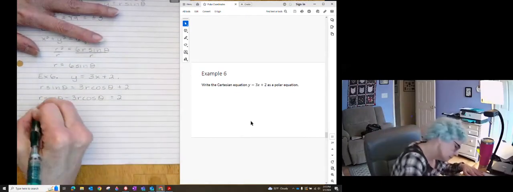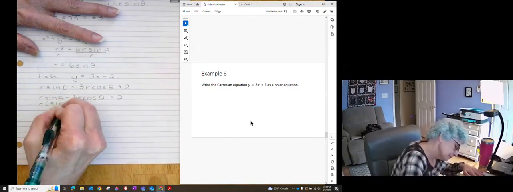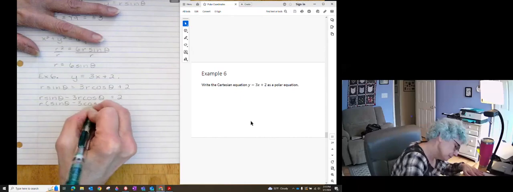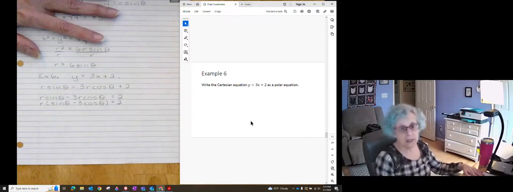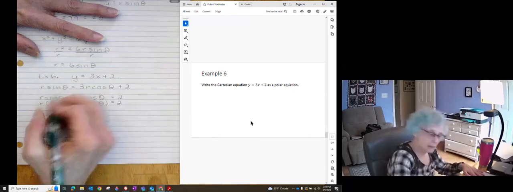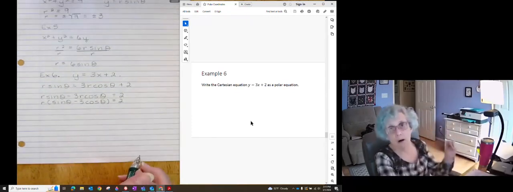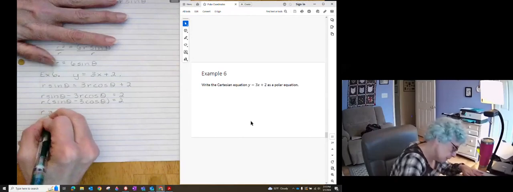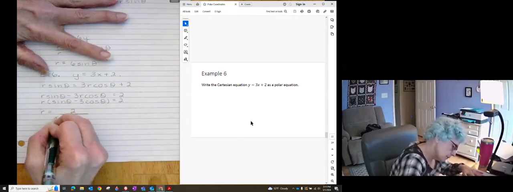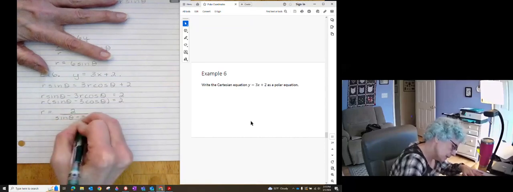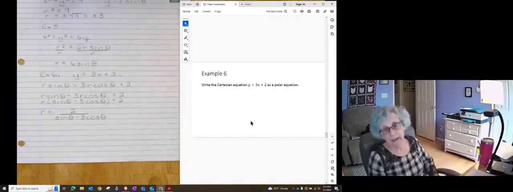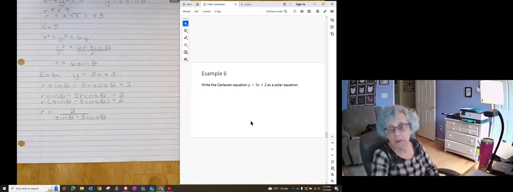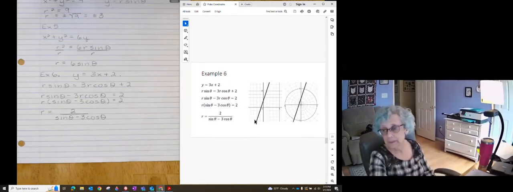Factor out the r. Divide both sides by the stuff sitting next to the r, because your goal is always r equals something. R equals 2 over sine theta minus 3 cosine theta. And that's the equation of a line in polar form. There's the pretty solution and the pretty graph.